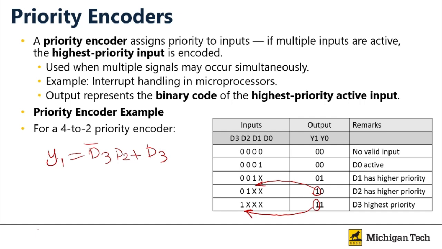We consider this part as well because of these don't cares. And we can make that simpler. This is the rule that we have. If we have D3 here and D3 bar here, we can remove that D3 bar. And it's going to be D2 plus D3.